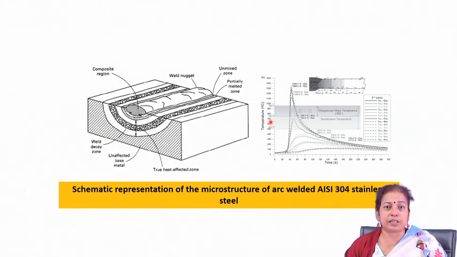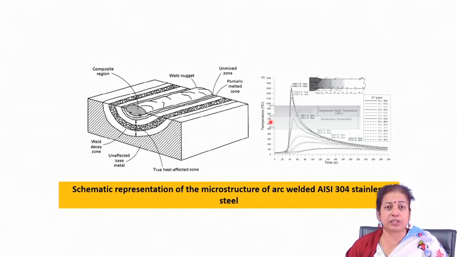The other way of getting rid of this problem is by addition of microalloying elements like columbium and titanium. Those elements are very prone to forming carbides, and their free energy of formation of carbide is much lower than that of chromium carbide. As a result, when this steel is used, there is no possibility of chromium carbide precipitation, because columbium carbide and titanium carbide remain in the matrix.